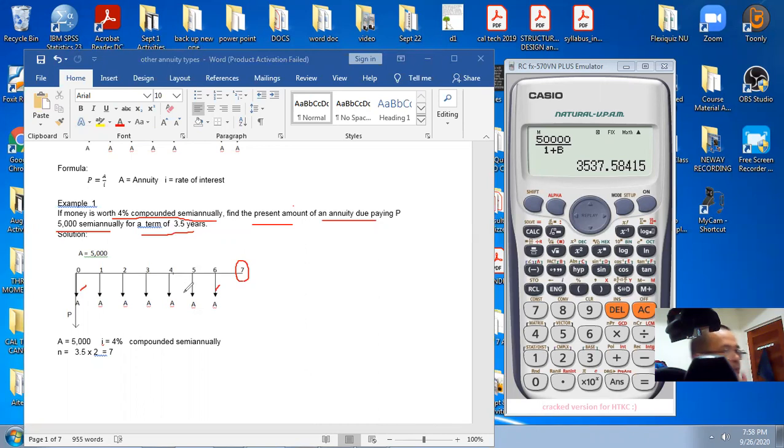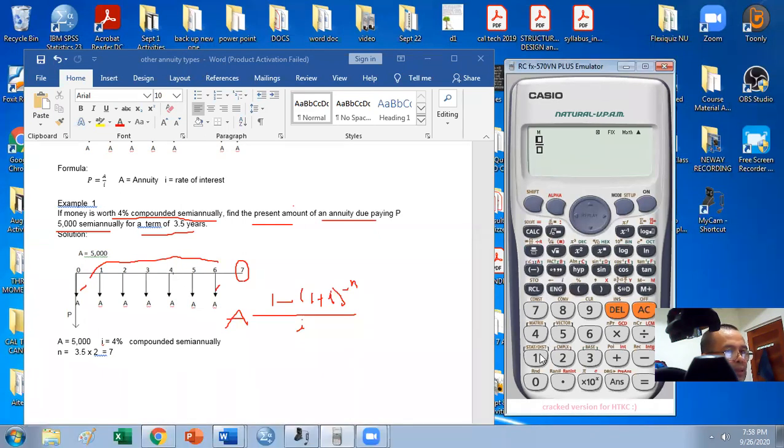Ang gagawin natin, since this A is 5,000, kunin ko lang yung present amount niyan. That is P. And then, i-add ko lang yung A. And we know that the formula, again, is 1 minus 1 plus i to the negative n over i times A. So, just compute.